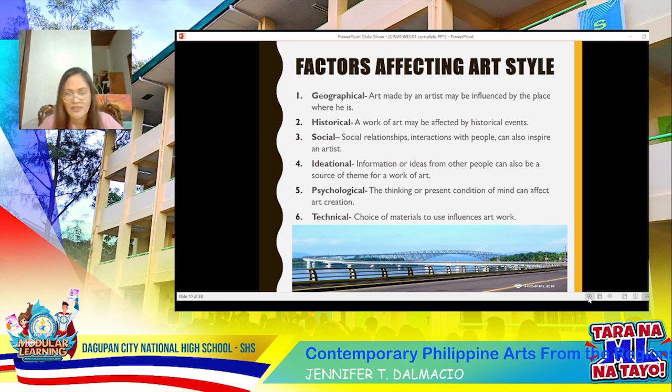Now, in the picture, we see the San Juanico Bridge. Of course, the choice of the materials there was considered to be one of the best decisions. Why? Because it's still serving its purpose at this very moment. The choice of materials there kept it durable and strong.